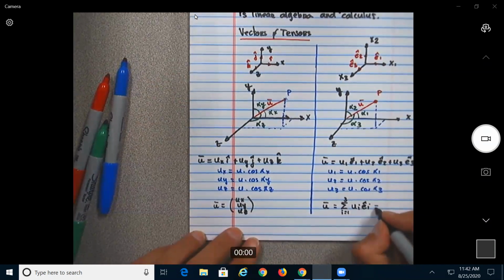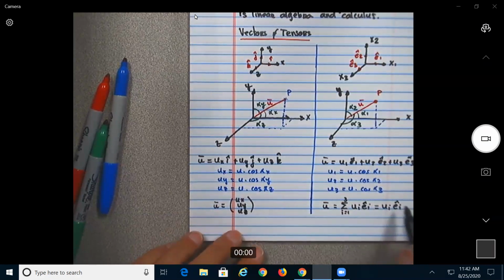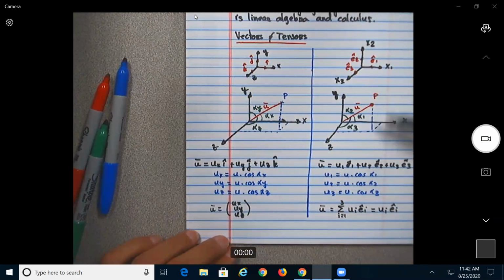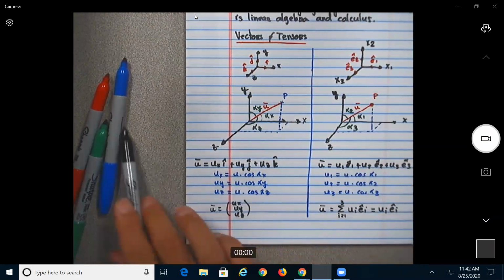Or you can use the compact notation and say this is u sub i e sub i. And when the subindex is repeated, you need to do the summation through all of them, okay? So you see that this notation can be more compact than this one. So probably from now on, we're going to use this type of notation to derive all the equations.